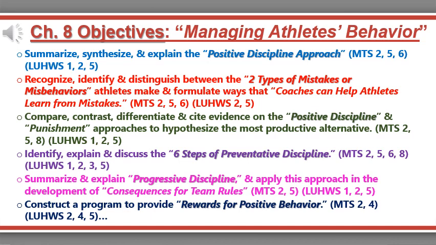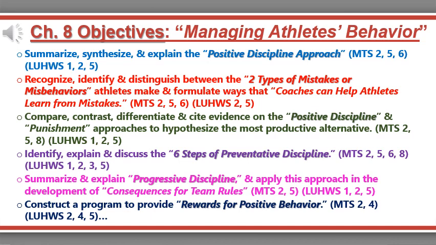Next, we want to compare, contrast, differentiate, and cite evidence on the positive discipline approach as well as the punishment approaches, to then hypothesize the most productive alternative. That ties into MTS 2, 5, and 8, and LUHWS 1, 2, and 5.